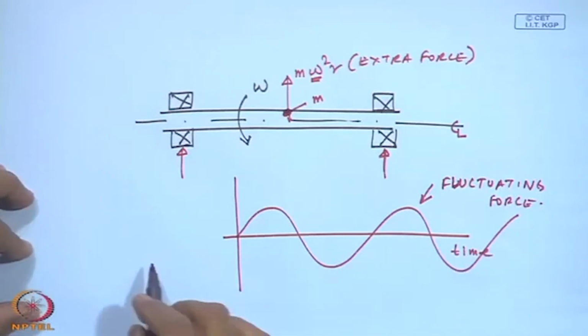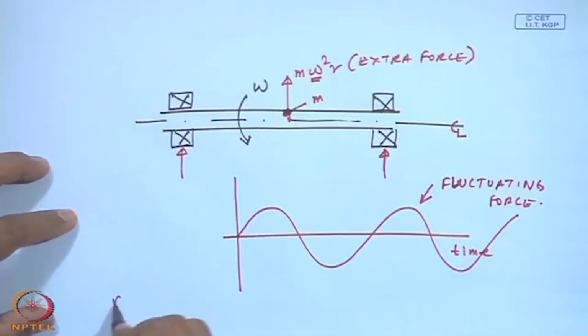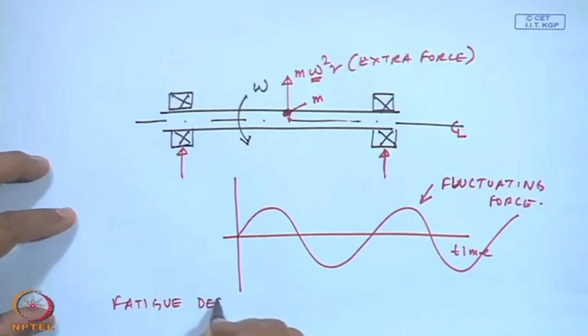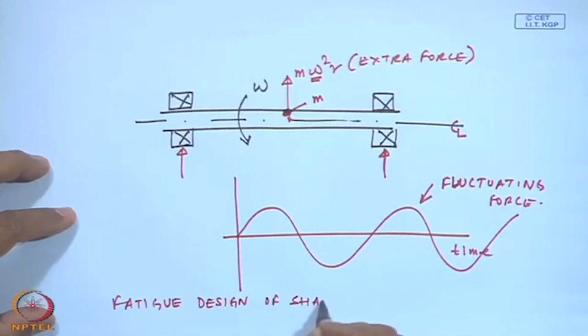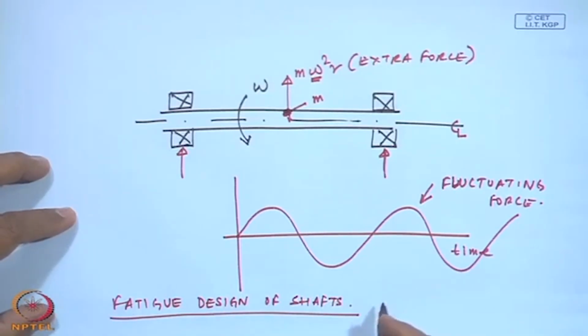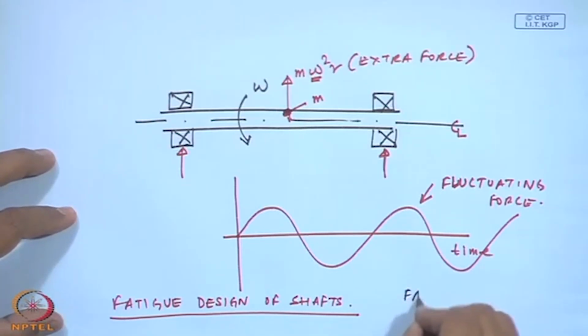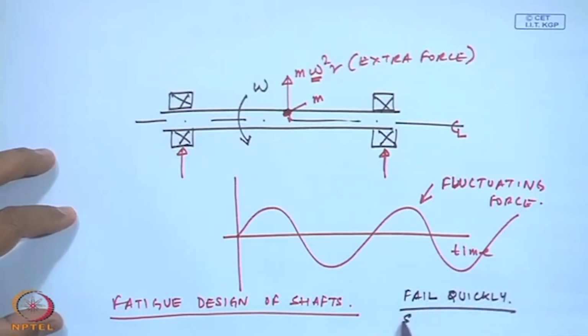So, if you will recall your fatigue design of shafts, because of such fluctuating forces, the material of the shaft is going to fail quickly in comparison to the case of a static force.